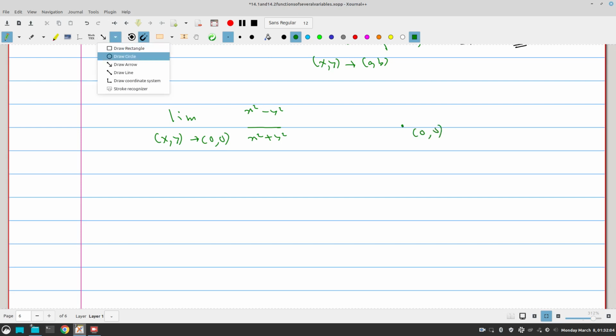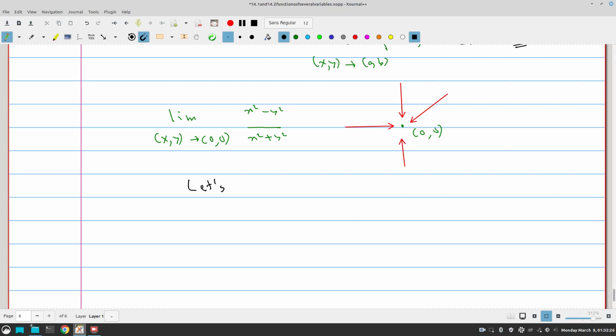Let's look at the linear paths. We go this direction, this direction, along the y-axis, from this direction. Let's test two paths. Let's see what happens if we go along the x-axis. When I say x-axis, I mean y equals 0.